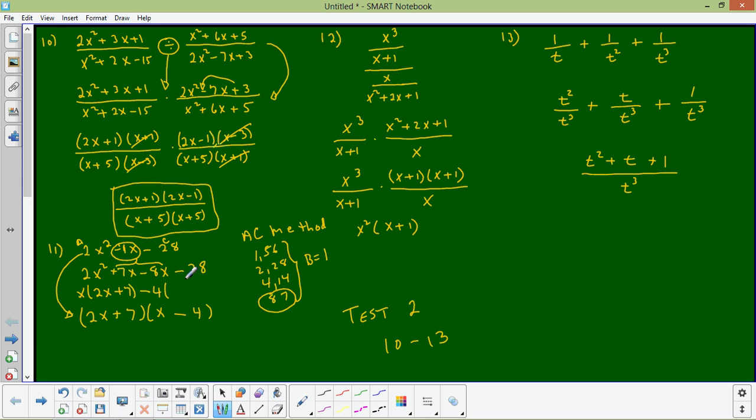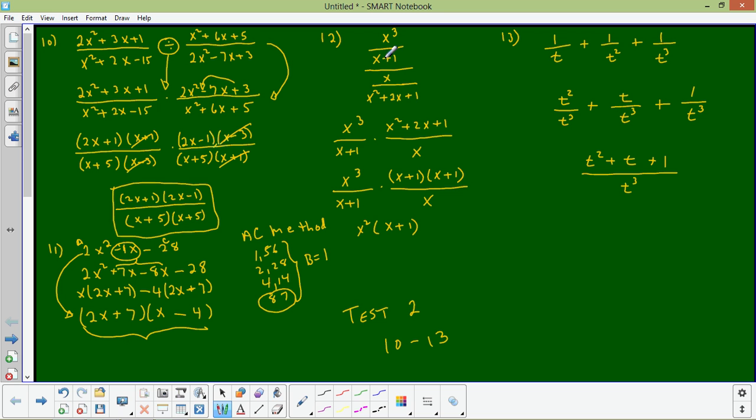When I divide a 4 out of each term, that leaves me with 2x minus 7, which, of course, is identical to what was left over from the first pair. We then factor out that 2x plus 7 from both terms, and you're left with an x minus 4 quantity, and that's your factorization. Right? So that's number 11.